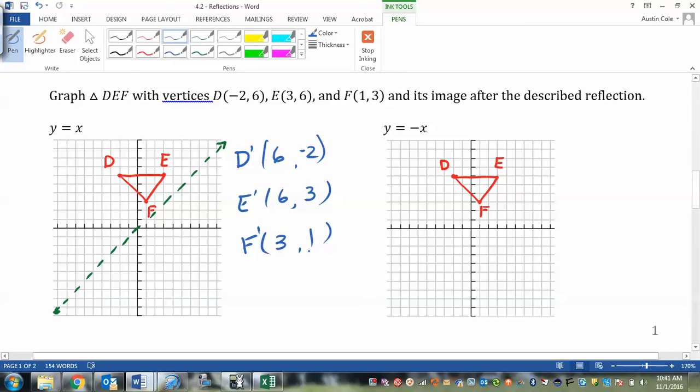And now we can go ahead and plot those points. So 6, negative 2. 6, 3.